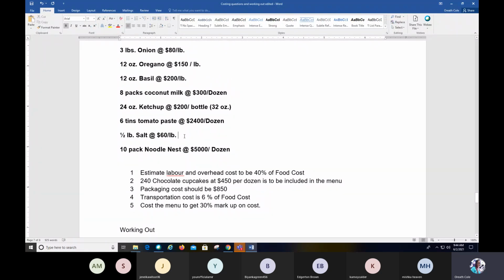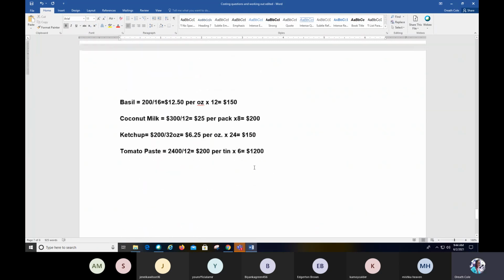There's the salt. You must work out that one. This is saying half pound of salt at $60 per pound. Could you please scroll down back, please?